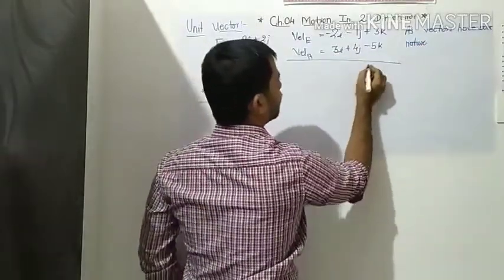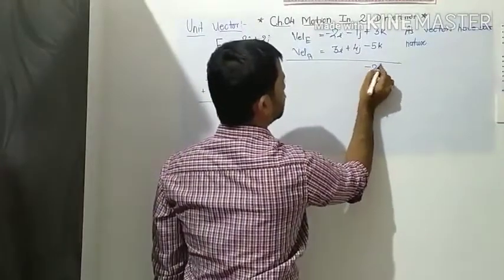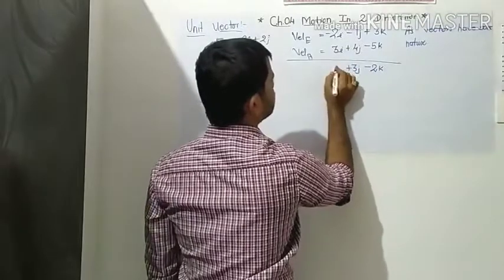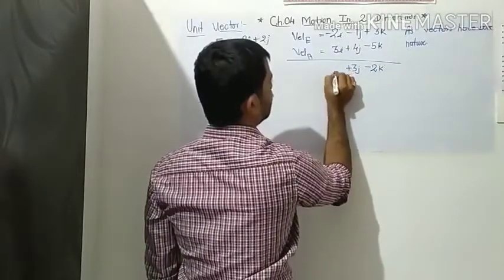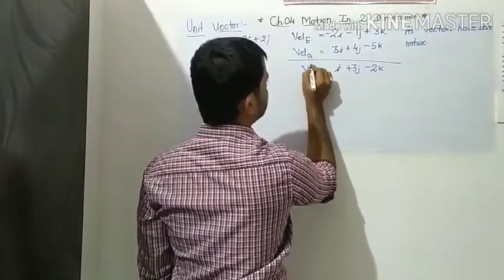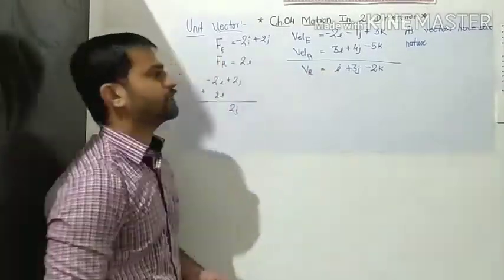So it will be minus 2k plus 3j plus i. It is equal to V resultant.